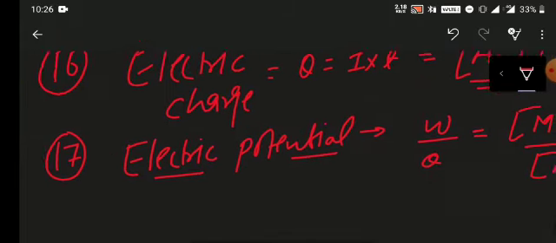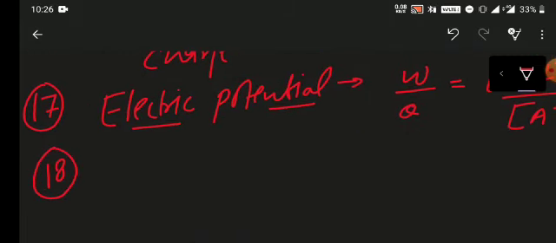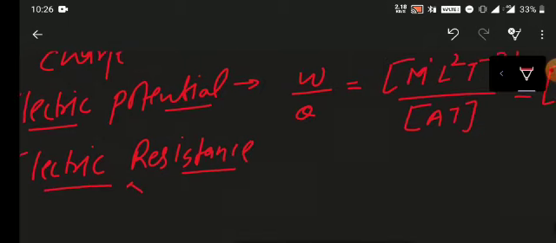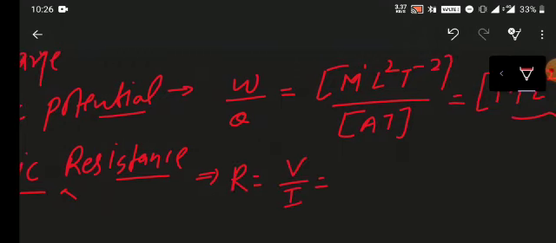Now the last and final, the 18th one, is electrical resistance. What is electrical resistance? Electrical resistance is determined as R is equal to voltage upon current, electric potential upon electric current.